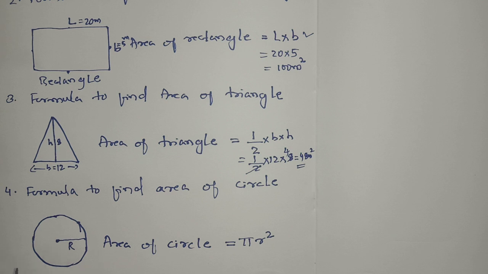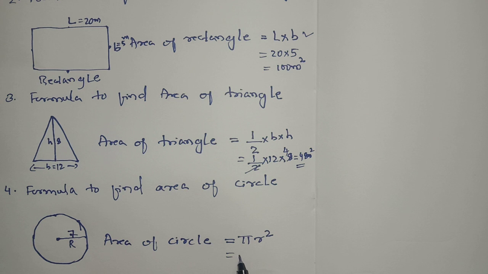Suppose radius is 7. Now let's see how to get the answer for it. What is the value of pi?